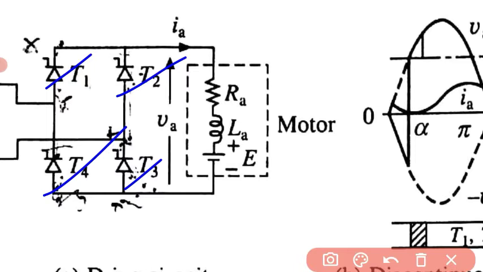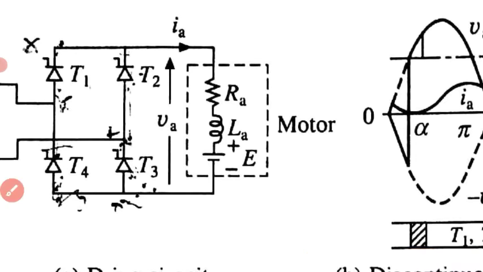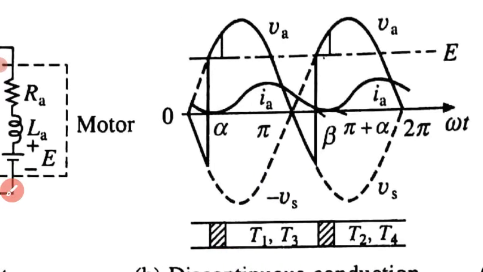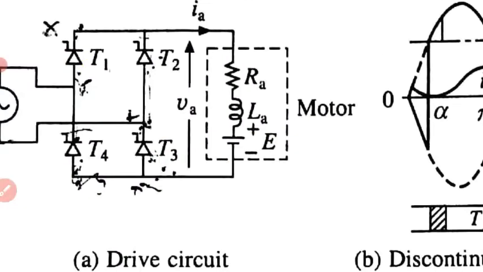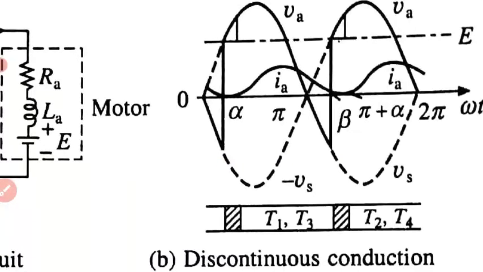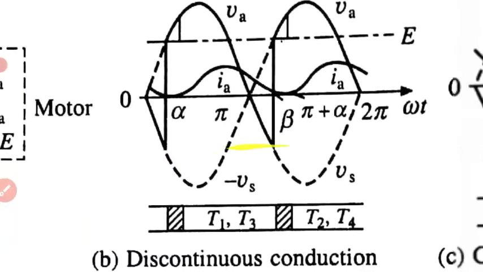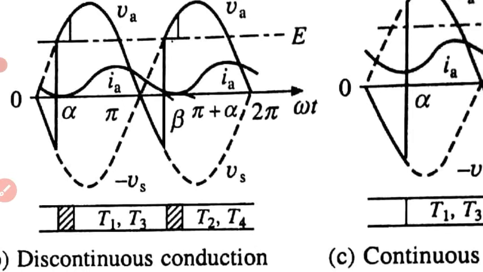Here, in the discontinuous mode, if you are looking at this graph, T1 and T3 are turned on. During the positive half cycle, what happens? The current starts.